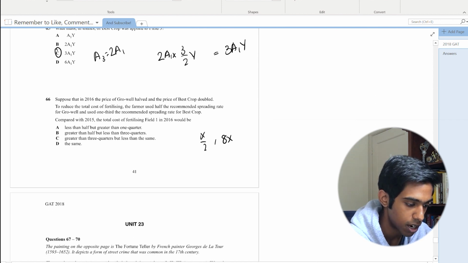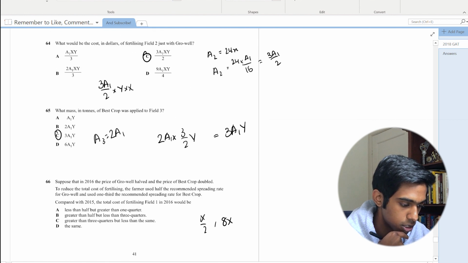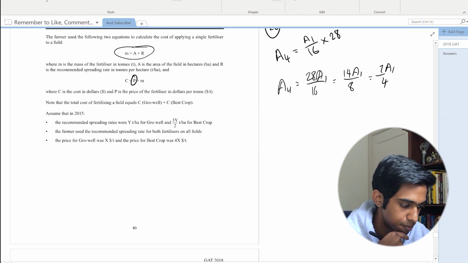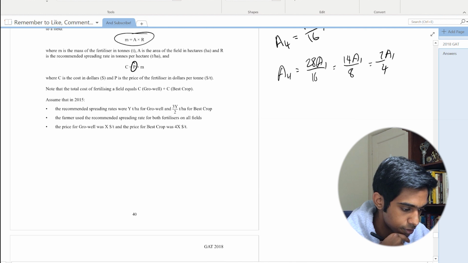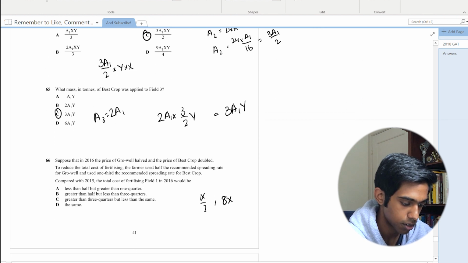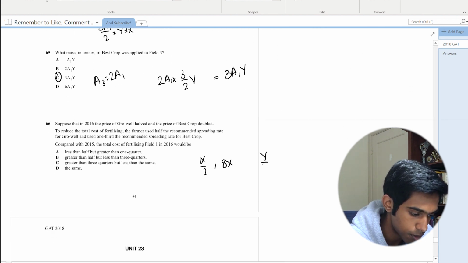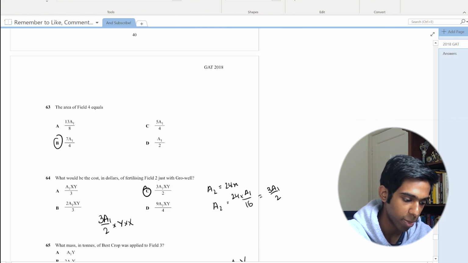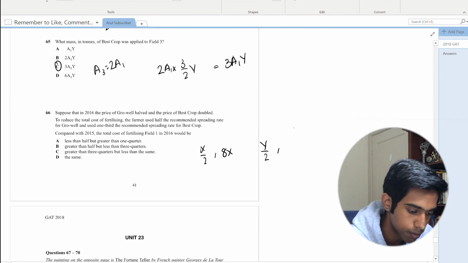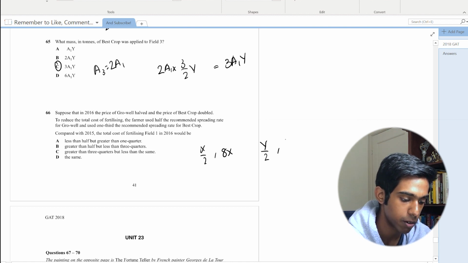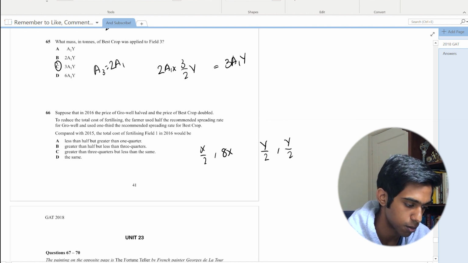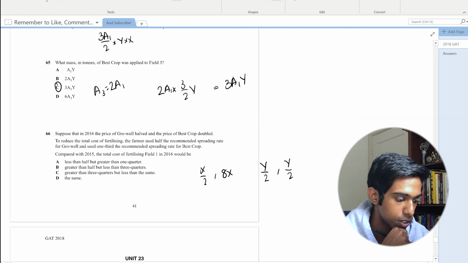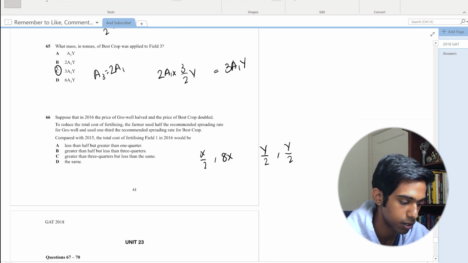So we start with the spreading rate as well. So half the spreading rate for Grow Well, that's y on 2. And the Best Crop spreading rate is just going to be y on 2 as well, because you divide 3y on 2 by 2, that just gives you y on 2 as well. Okay, so we're just going to look at the total cost of fertilizing field 1.